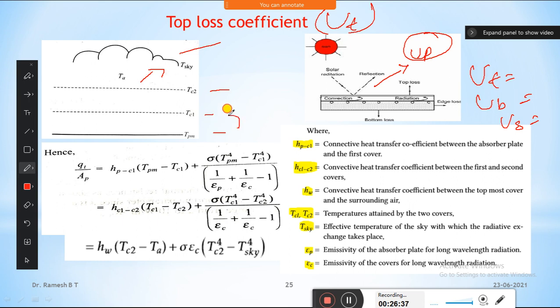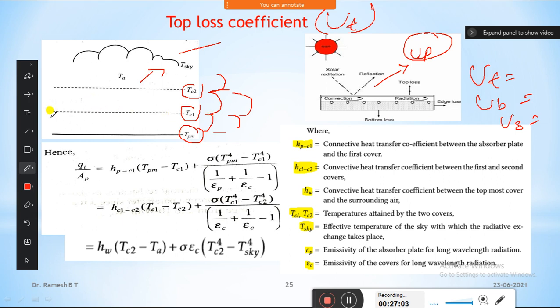Second, the first cover and the second cover. This is the second cover, this is the first cover, and this is the absorber plate. So there is an interaction between the absorber plate and the first cover, the first cover and the second cover, and the second cover and the surroundings. These things we have to consider.